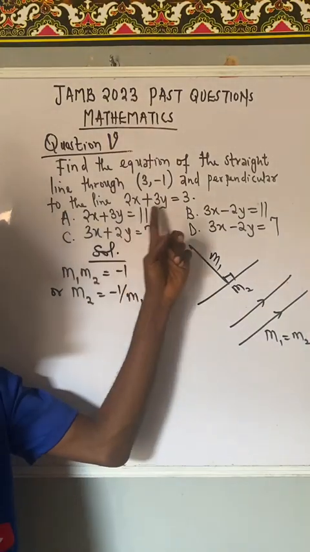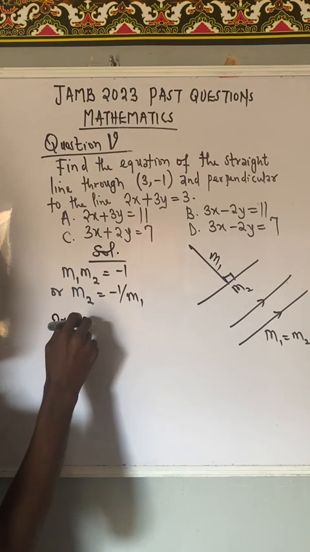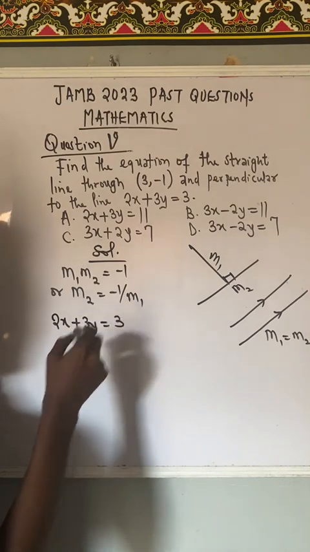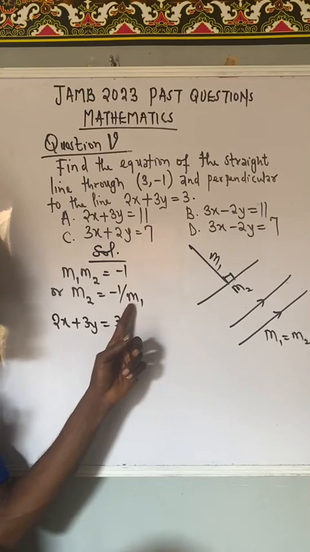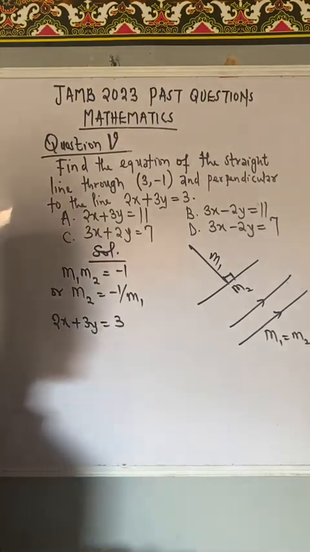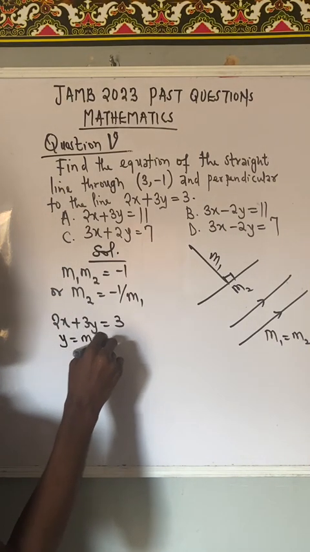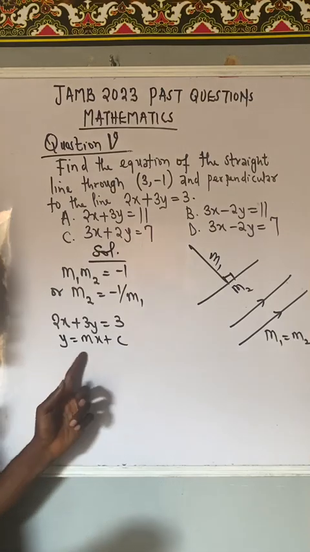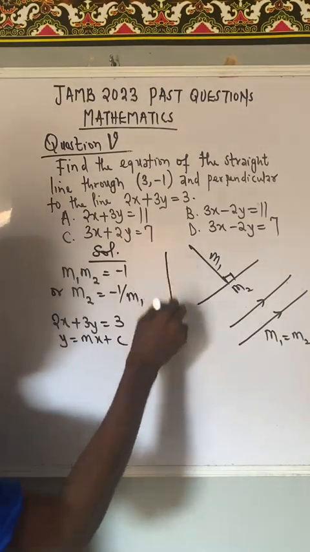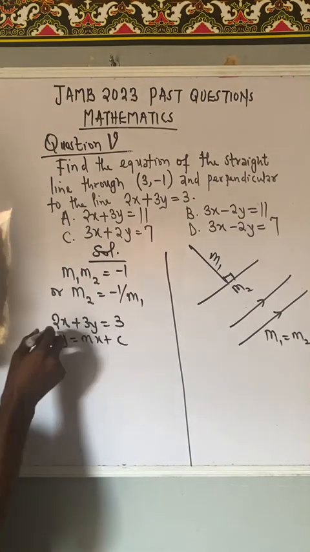Now, we are given a line which is 2x plus 3y equal to 3. So if we make the slope of this to be m1, first of all, we need to rewrite this equation in this general form, y equal to mx plus c. This is slope-intercept form of equation of a straight line. Now, let us rewrite this one like this.